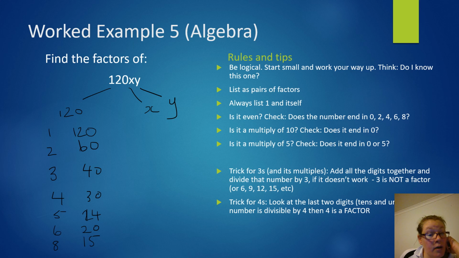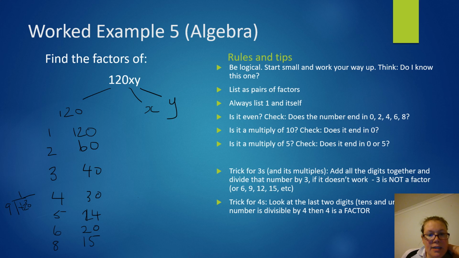So 9 may well go in, so it's worth giving it a try. I suspect it won't, but let's try it anyway. Okay, so 9 goes into 12 once with 3 remainder. 9 goes into 30 3 times with 3 remainder. So 9 is not going to be a factor.